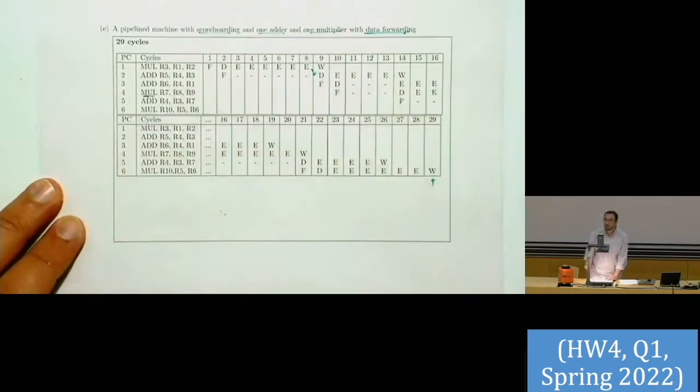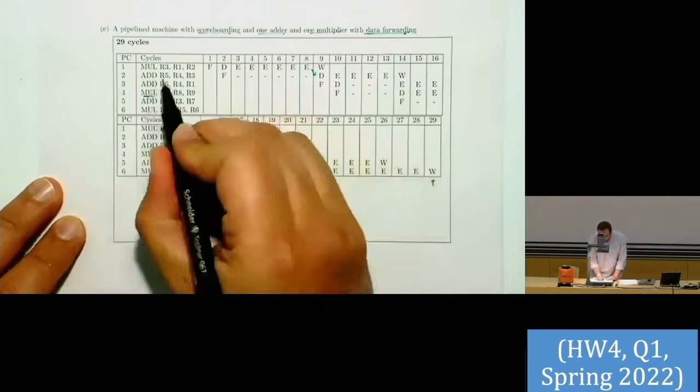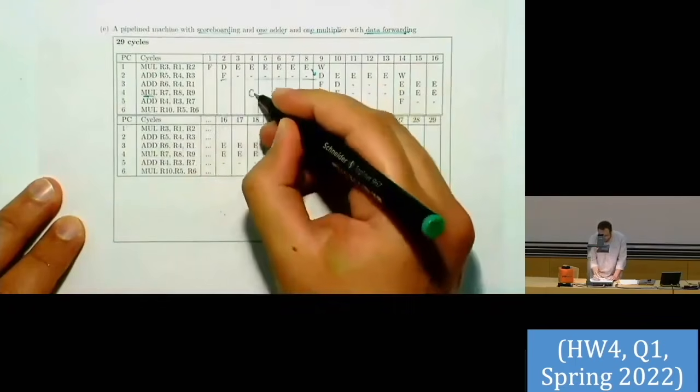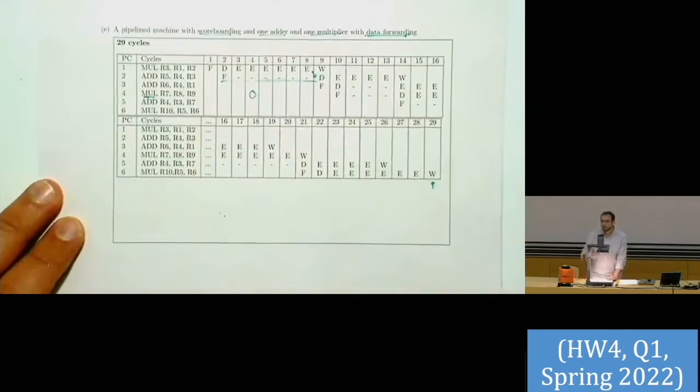You have to fetch and decode these instructions, and you have a bottleneck over there. The fetch stage of the pipeline is still busy with the second instruction, so you cannot fetch this. To avoid it, for example, you can go for fetching multiple instructions at the same time, with more complex hardware.